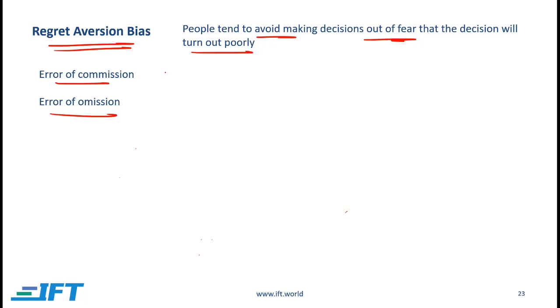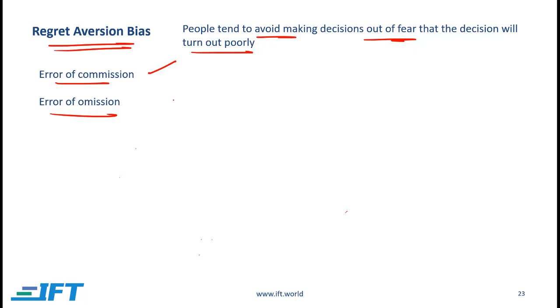If you purchased from IBM and let's say for some reason the decision later turned out not to be very good, you could still present a defense that I just took the safe action. I went with IBM because everybody else was also purchasing from IBM. So that would be an error of commission where a decision was made, but it was simply what appeared to be the safest decision. Error of omission is where we avoid making a risky decision.